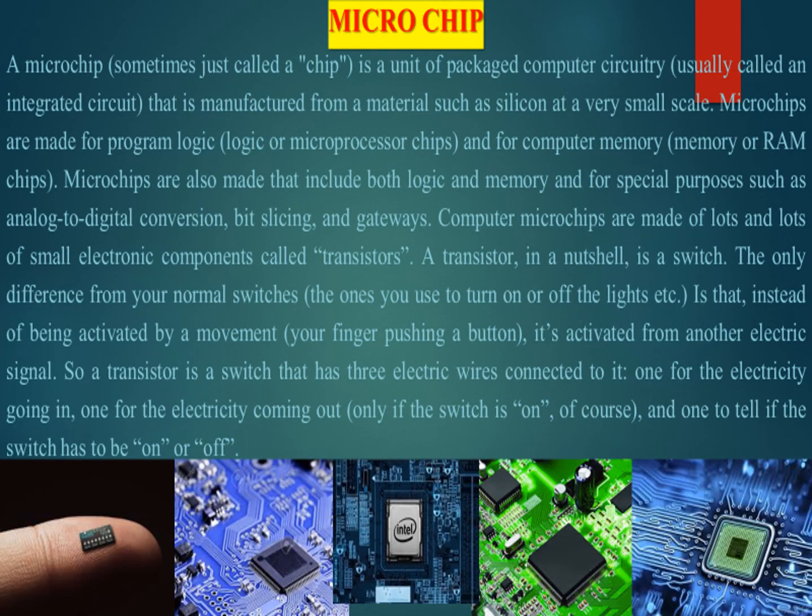Microchip. A microchip, sometimes just called a chip, is a unit of packaged computer circuitry, usually called an integrated circuit, that is manufactured from a material such as silicon at a very small scale. Microchips are made for program logic, as microprocessor chips, and for computer memory, as RAM chips.